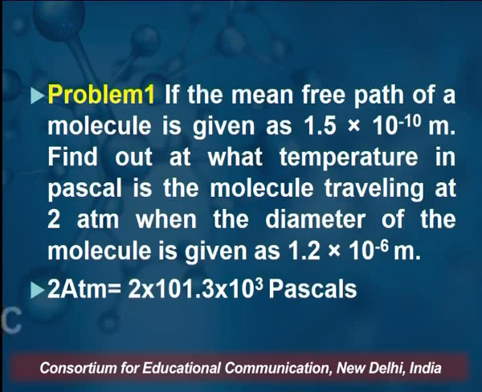So first of all, we convert atmosphere into pascals. Converting it, we get 2 into 101.3 into 10 to the power 3 pascals. We could have written it as 2 into 1.013 into 10 to the power 5 pascals also.